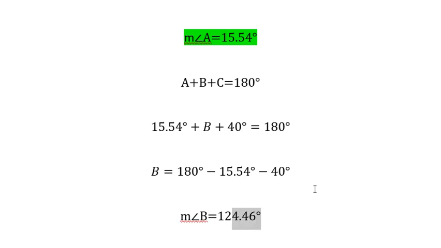And this will be our answer. This will be our second answer. Angle A measures 15.54 degrees and angle B measures 124.46 degrees. Okay, so I hope this helps.